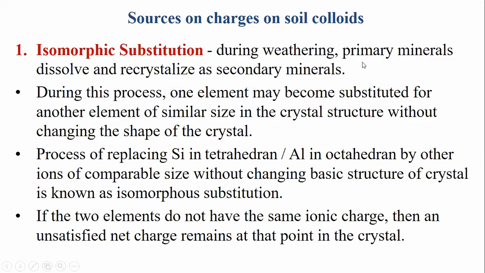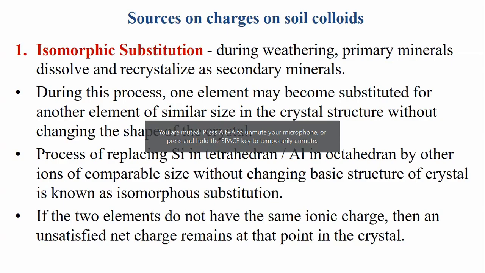First we will see what isomorphous substitution is. As I said earlier, during the weathering, the primary minerals dissolve and recrystallize as a secondary mineral. During this process, one element may become substituted for another element of similar size in crystals.